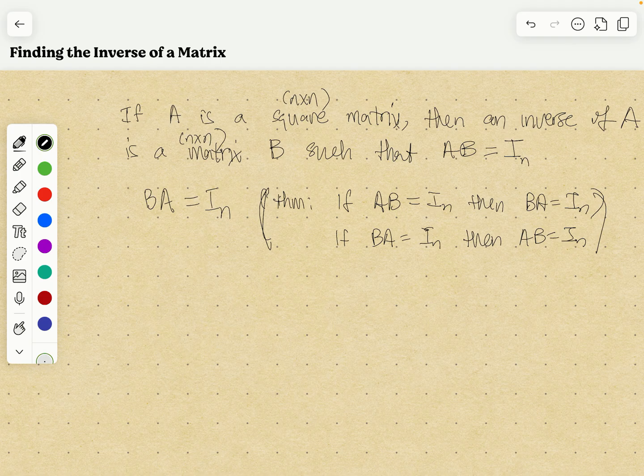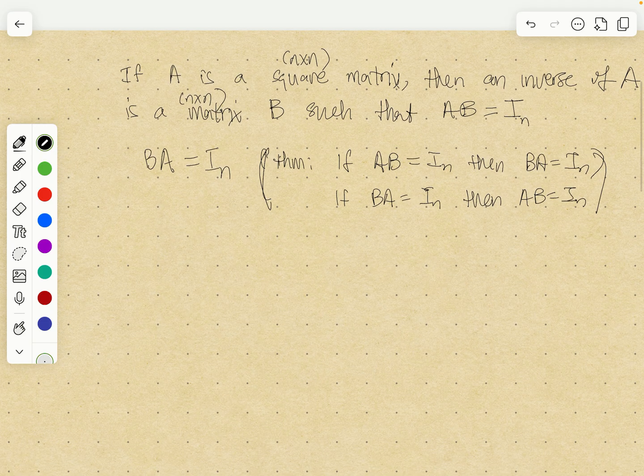Of course, in general, A times B is not equal to B times A. So there's something special about the identity matrix that makes this work. And yeah, that's the definition of the inverse of a matrix. And so the question is, if you have a square matrix A, how do you tell if it even has an inverse? And if it does have an inverse, how do you find it? So that's the question we'll talk about.